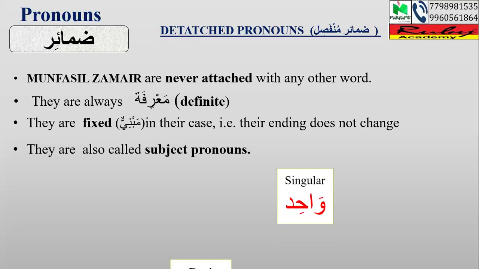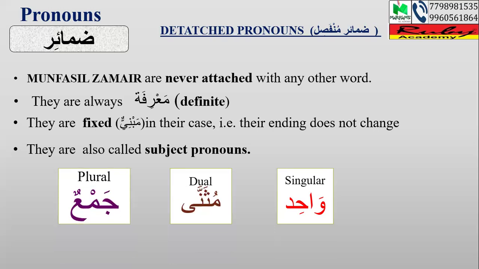Wahid, singular, musanna, dual, and jama, plural. That means when you get more than 2, that time only we can say it's plural. Whereas in English, we don't have it like this. If there are 2, again we use the plural form. But in Arabic, it has 3 numbers: singular, wahid, dual, musanna, and plural, jama.